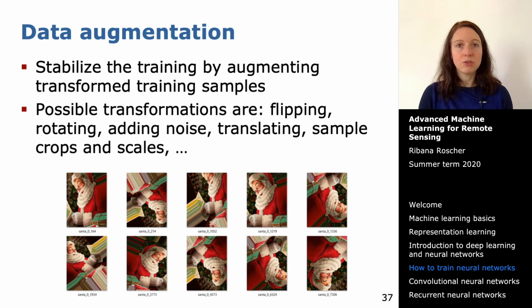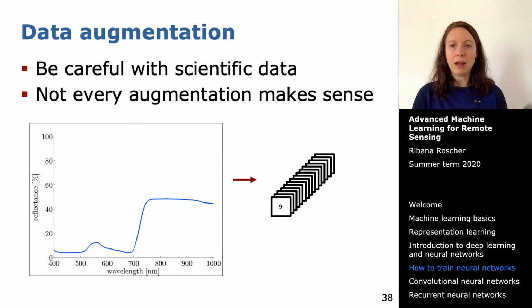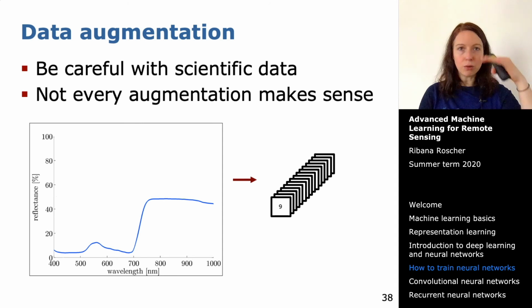Be careful, this works quite well with just random images, like when you take images with your camera. But if you have scientific data, for example hyperspectral data, not every augmentation makes sense. For example, if you have a hyperspectral image, of course you can rotate it and flip it, totally okay.